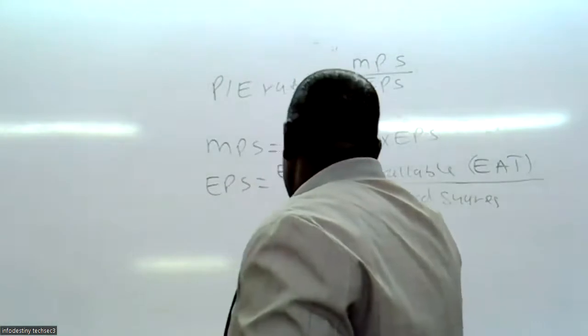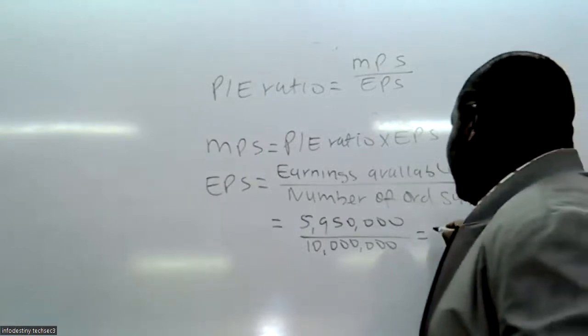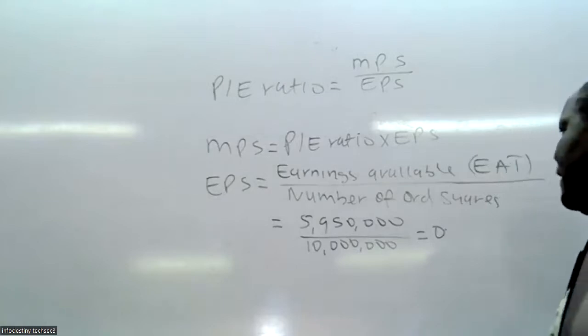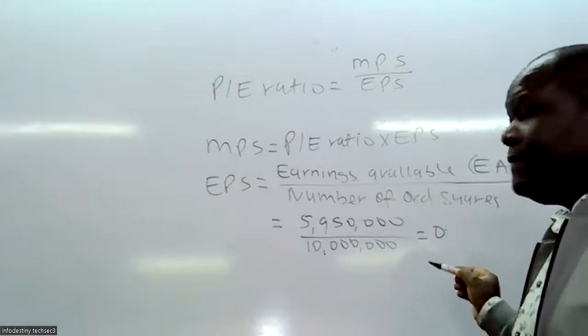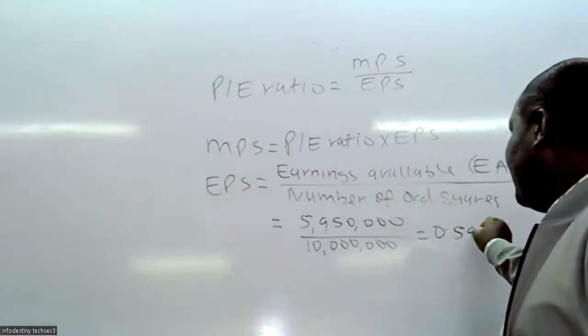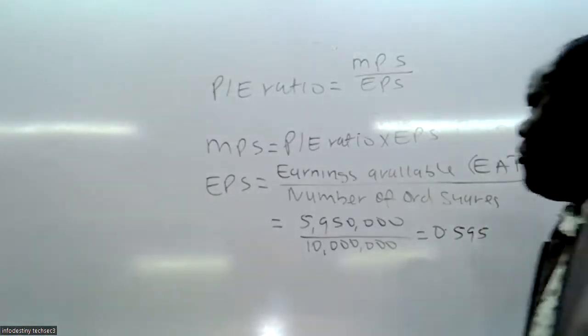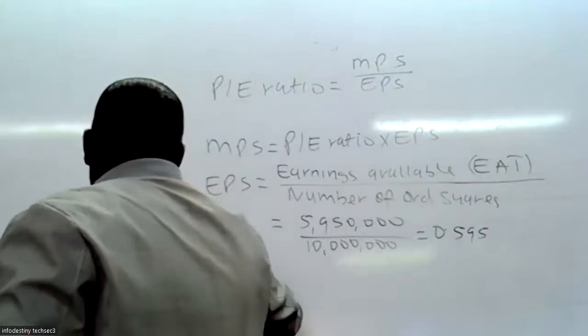What should be our earnings per share? It will be 0.595.